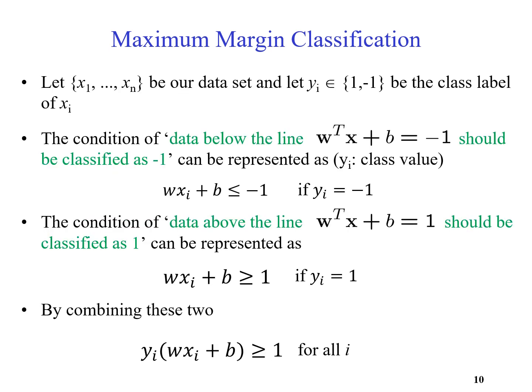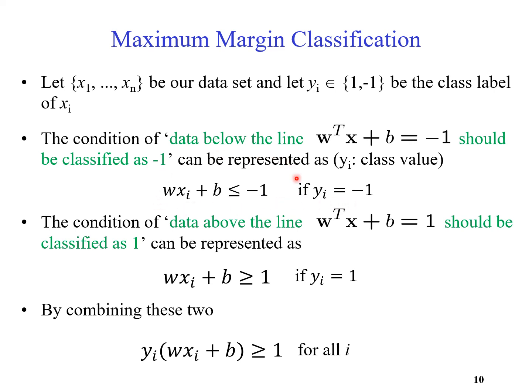The previous slide shows two conditions for the SVM line to satisfy: the data above this line should be classified as 1, and the data below this line should be classified as -1. If you represent these conditions as a formula, it looks like this.